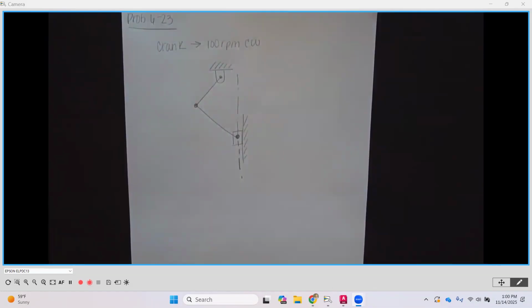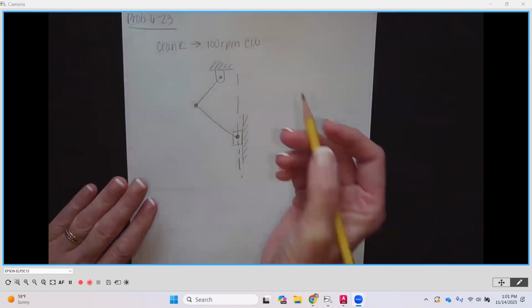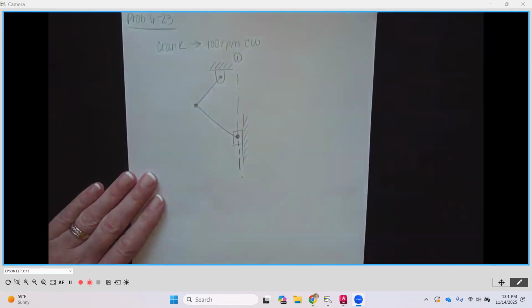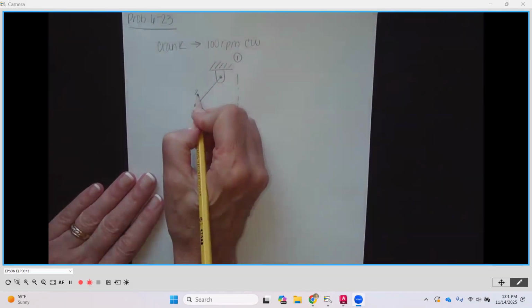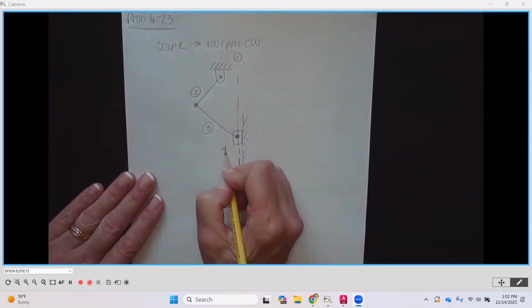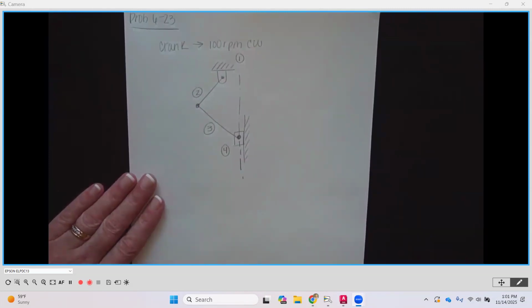So now that I have the elements in place in simplified kinematic diagram mode, I'm going to label. My frame is number 1. My crank is going to be number 2. My connecting rod 3. And that blade or that slider is going to be number 4.